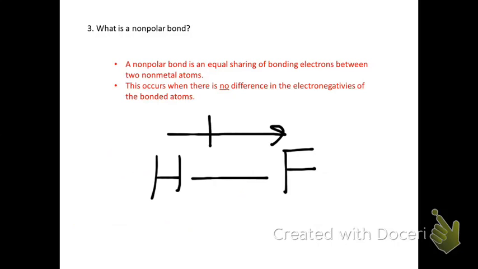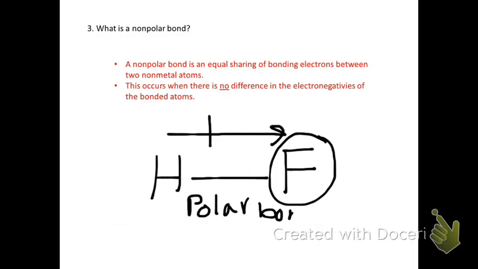I put a line showing that we're dealing with electronegativity. So fluorine is more electronegative than hydrogen, therefore we do have a polar bond. And the electrons are going to be closer to fluorine than they are to hydrogen. So therefore we're going to have basically a polar bond here.